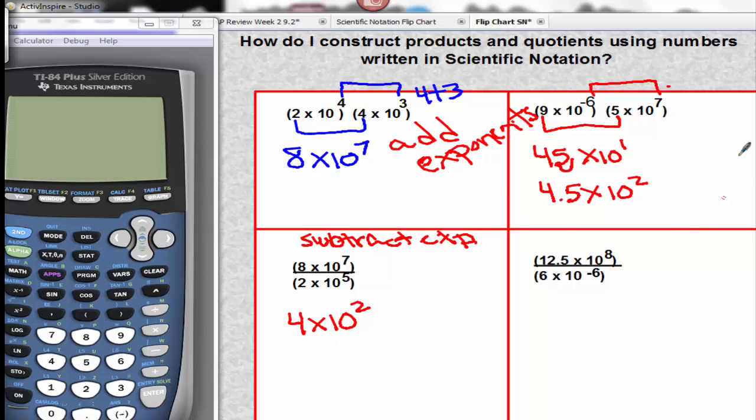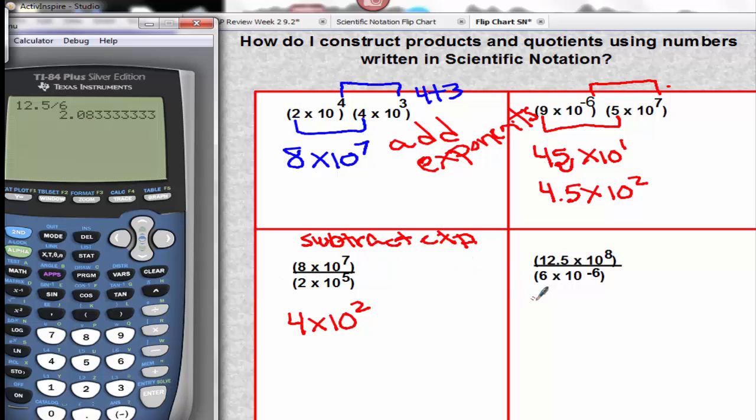Now let me move on over here to when you're dividing here. Same thing, nothing changes, but I have 12.5 divided by 6. Well, we'll take 12.5 divided by 6, and that's 2.08 and repeating 3.